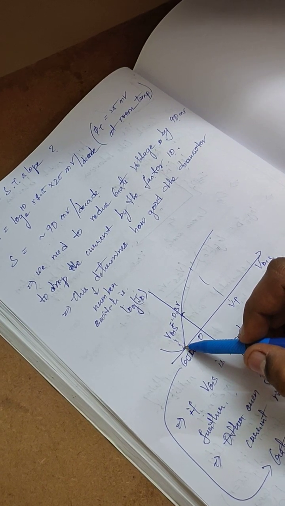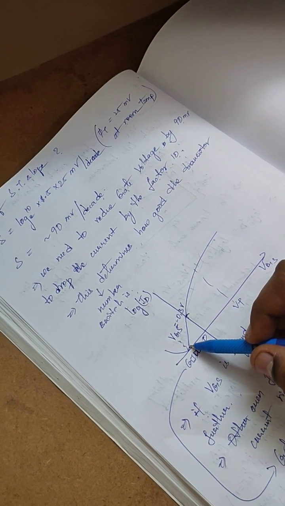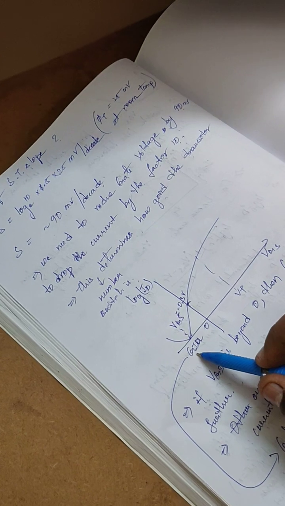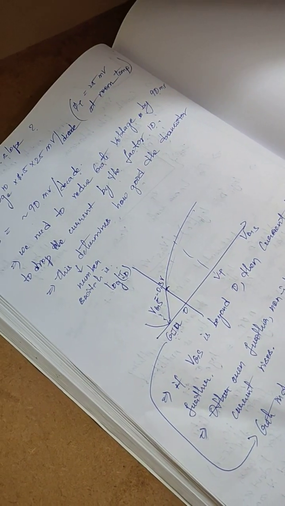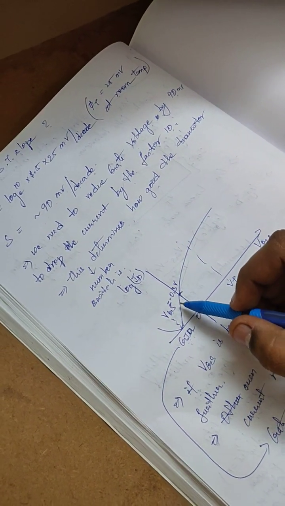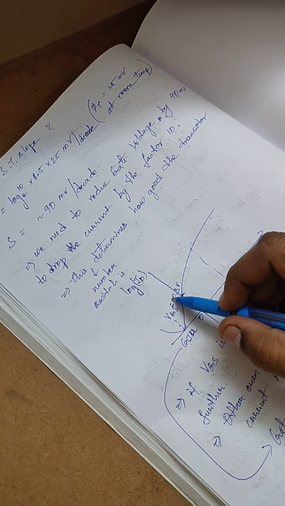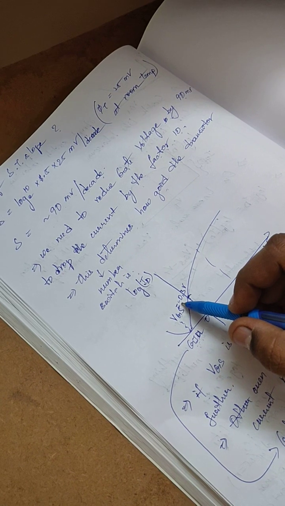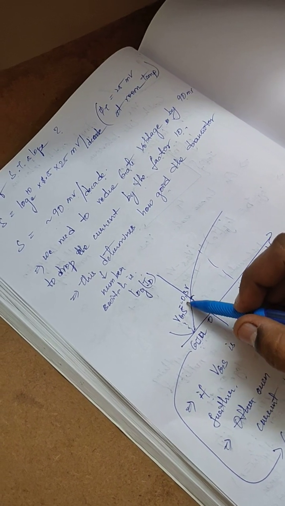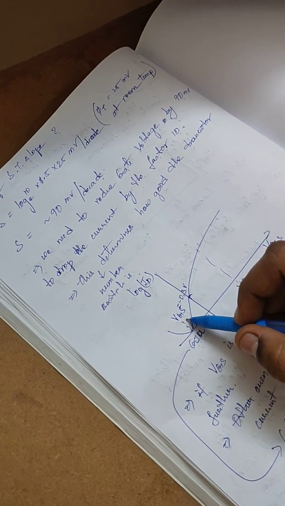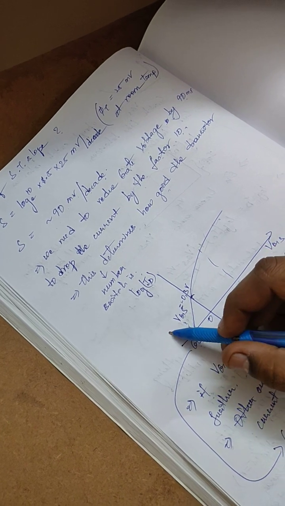If we further reduce VGS beyond 0, it reaches a point called GIDL, gate induced drain leakage. The current also drops till VGS is minus 0.3 volts. After minus 0.3 volts VGS, the current rises.